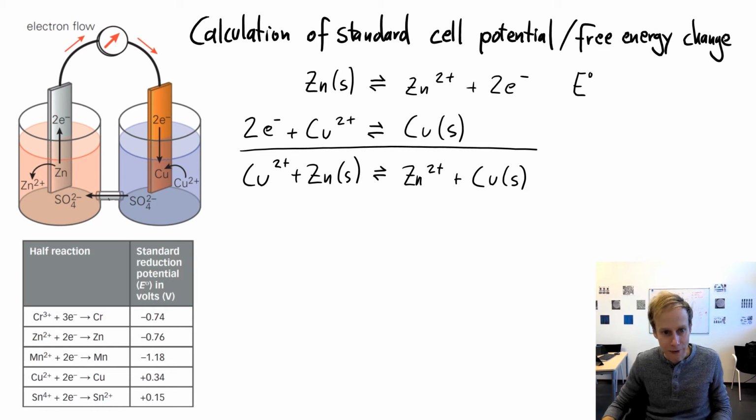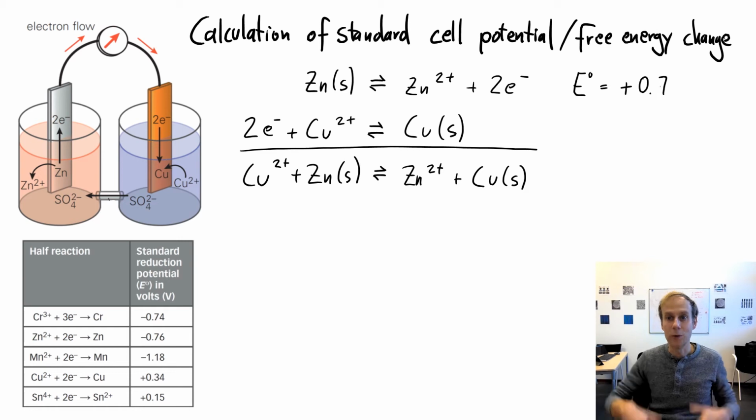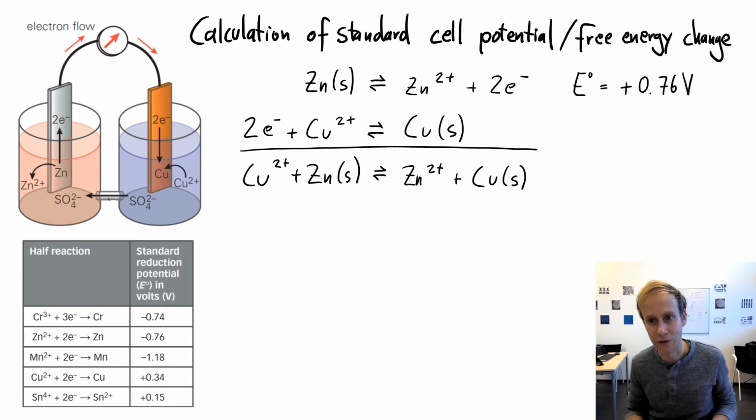So for zinc, we find here the reduction reaction, which is zinc 2+ reacting with 2 electrons to form zinc. However, here we have the opposite. We don't have a reduction, but we have an oxidation. But this is the reduction here. So for the standard potential, we want a standard oxidation potential basically, which is the negative standard reduction potential. So the negative here becomes a positive, right?